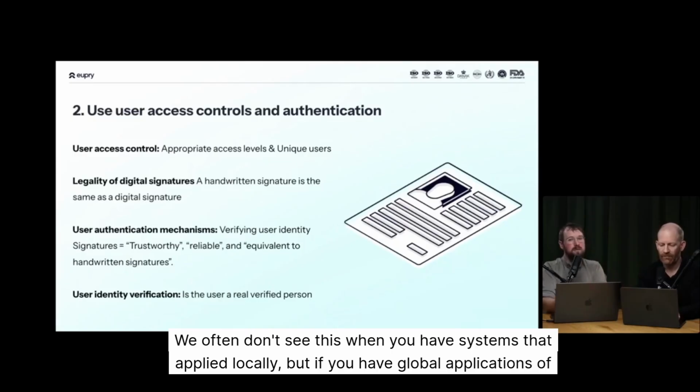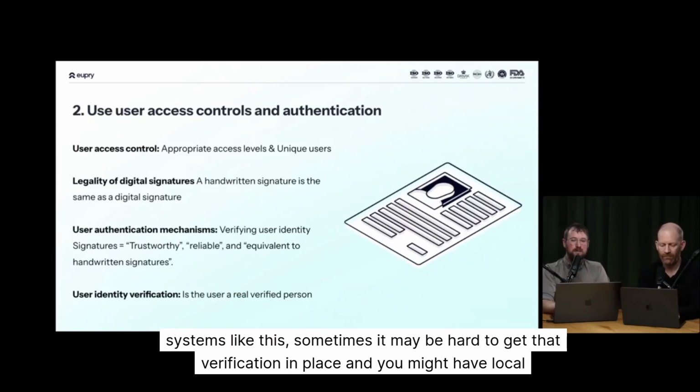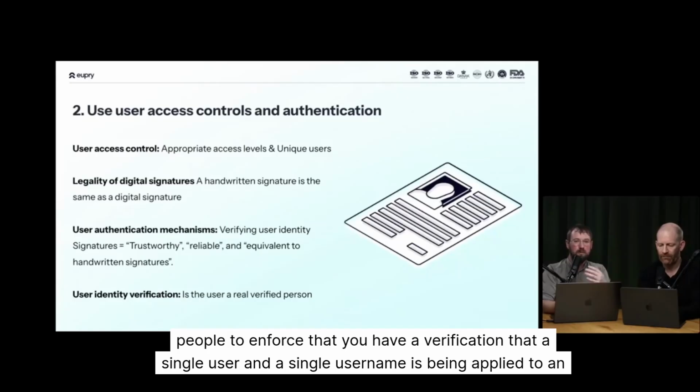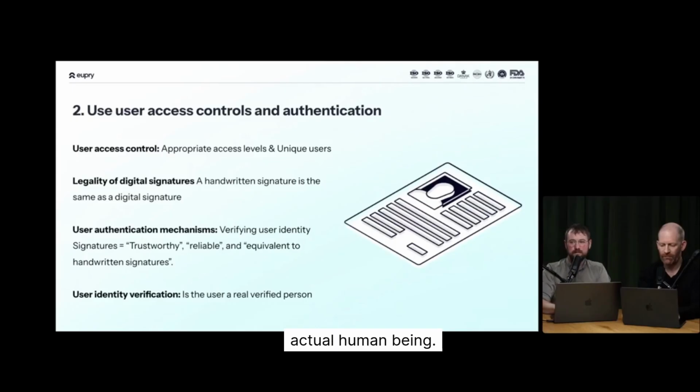We often don't see this when systems are applied locally, but with global applications it may be hard to get that verification in place, and you might have local people enforce that a single user and a single username is applied to an actual human being.